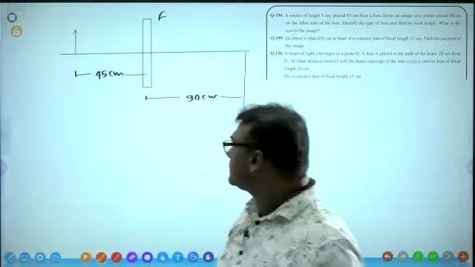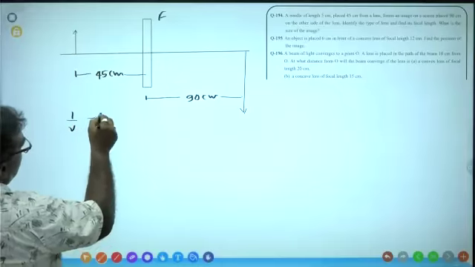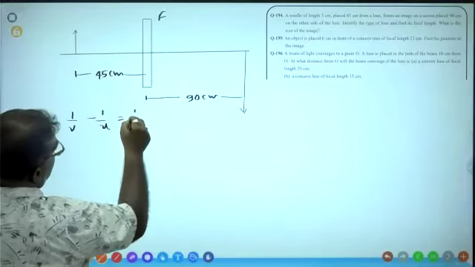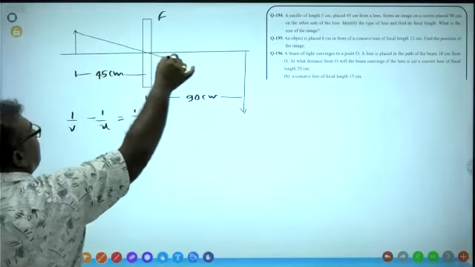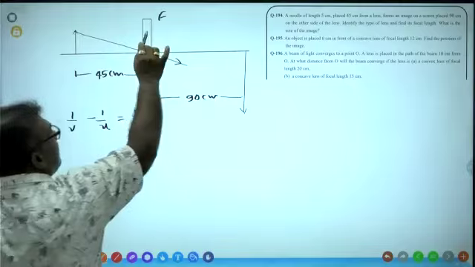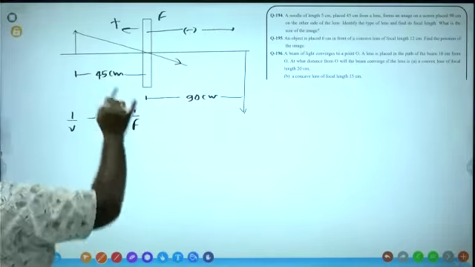It's very easy question. First one, no? Right. Can we manage? 1 over V, 1 over U equal 1 over F. Objective side is emitting the light rays towards the other side. Then this side is minus sign, this side is plus sign.